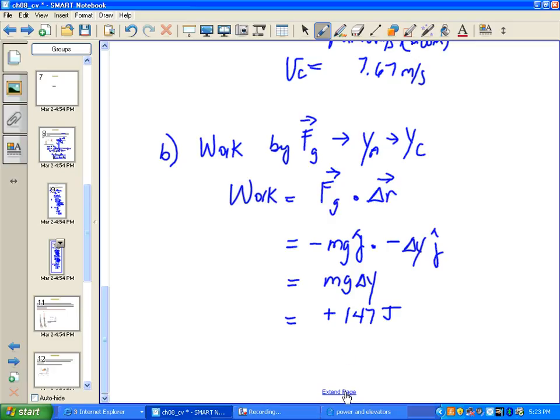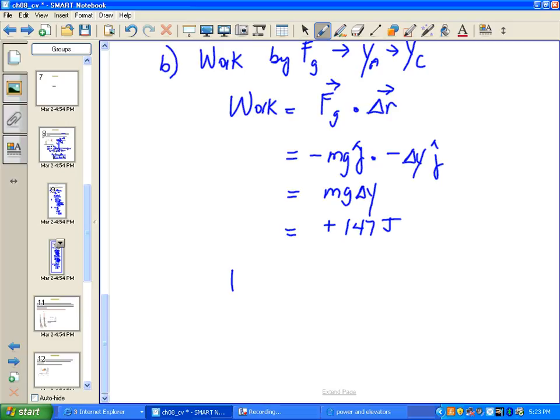It's positive because both the gravitational force and the displacement were in the same direction. One other connection that we want to make, again from chapter 7, is that the net amount of work done by a force equals the change in the kinetic energy of an object. Here the change in kinetic energy would be the difference between the kinetic energy at point C and the kinetic energy at point A, in other words K_C minus K_A.